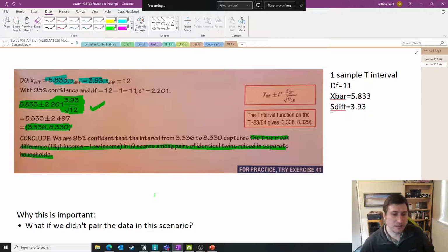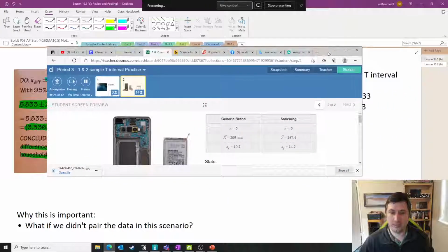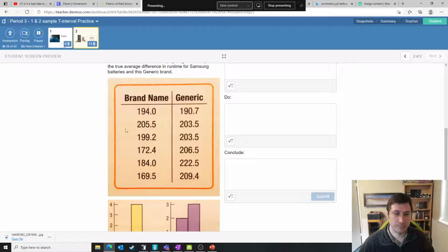Now, I think the big idea here, or the complicated thing, is realizing when this is happening. So if I go back to our Desmos here for just a second, we do need to realize that that process is not possible in this scenario.